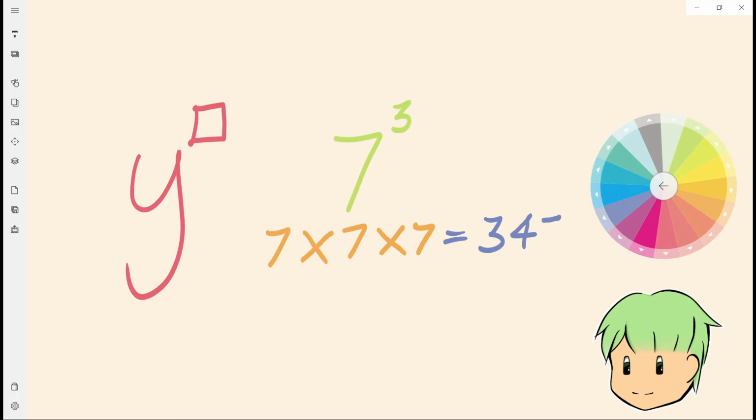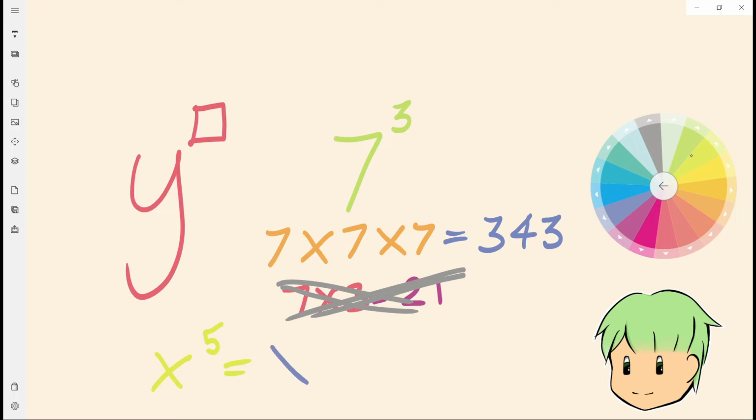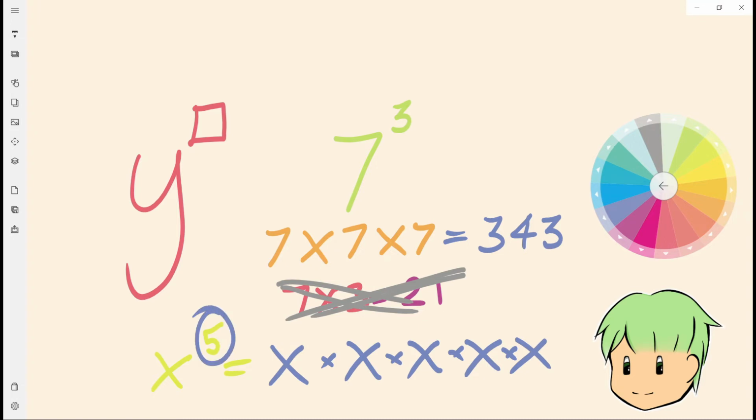It is not 3 times 7, which is 21. If it is x to the 5th power, then x is multiplied to itself 5 times, or x times x times x times x times x.